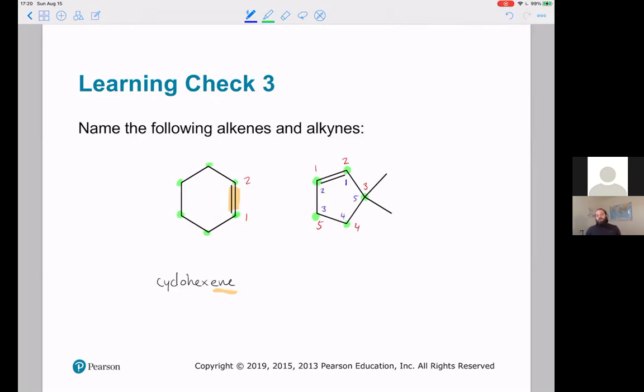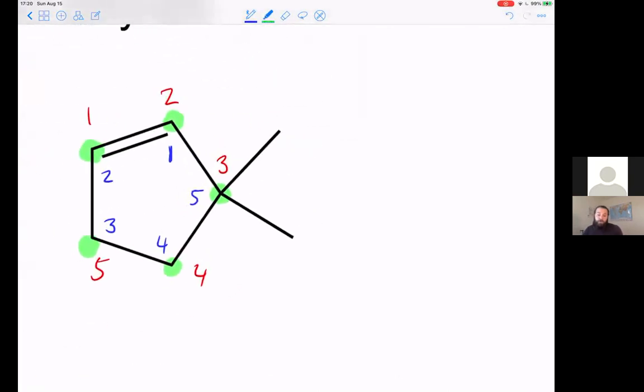So why is the red numbering scheme more correct than the blue? Both of those keep our double bond between carbons 1 and 2. So once that's the same for both of them, then you can look at the other substituent. So in this case, looking at these two methyl groups, they're going to be either on carbon 3 in the red numbering scheme or carbon 5 in the blue numbering scheme. So that's why we're going to pick the red numbering scheme.